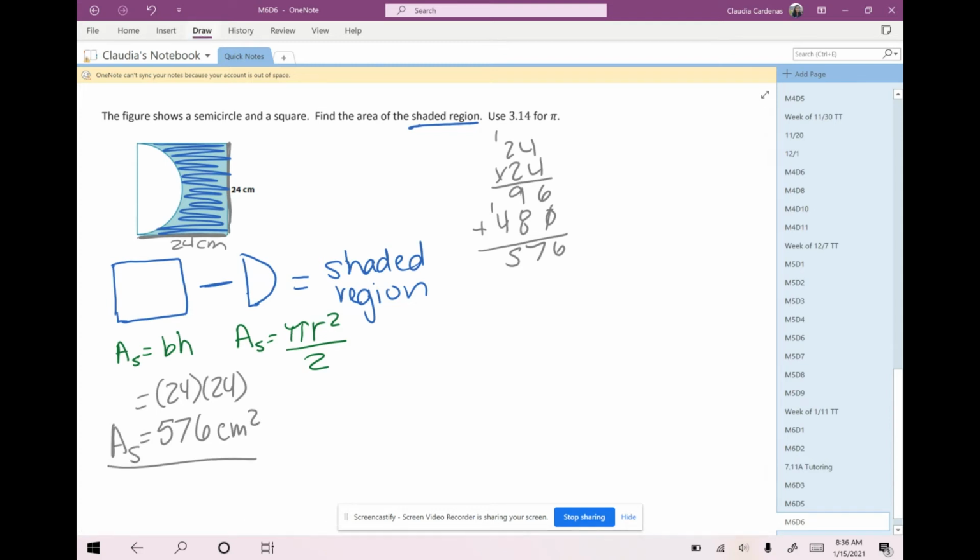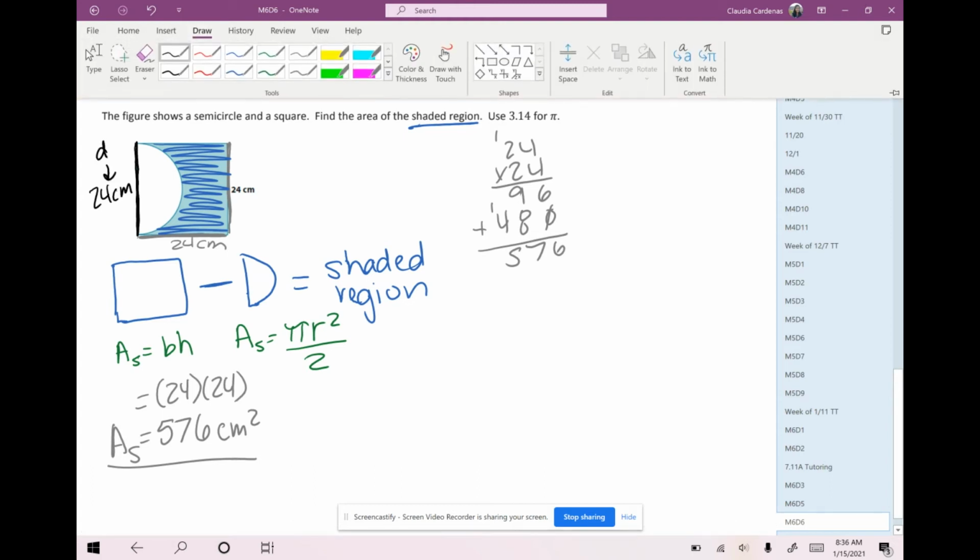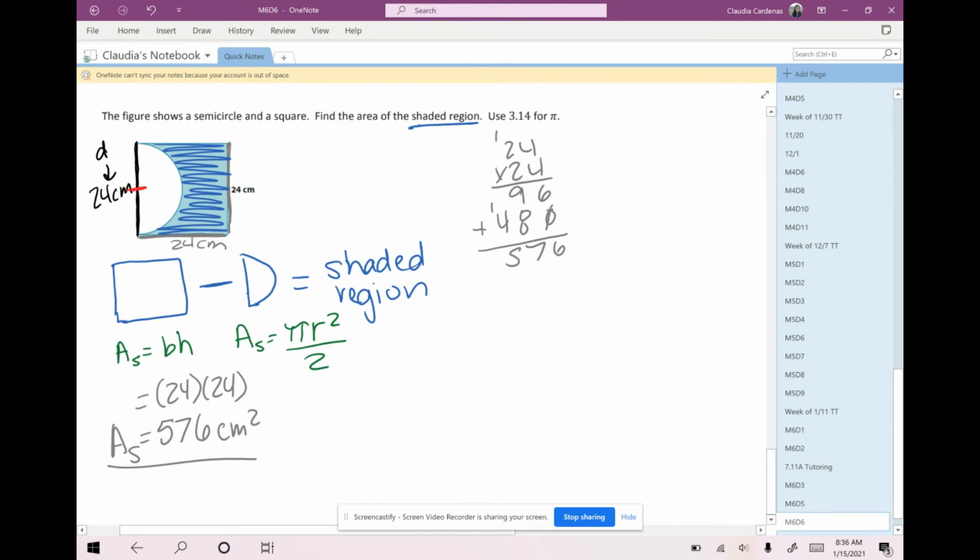And now we can move to the semicircle, which we need the radius for. So if we need the radius, I see that if this side on the bottom is 24 centimeters, then this side also has to be 24 centimeters. But again, if it's cutting this semicircle in half, then this is the diameter where we only want half of it, right? So what would we have to do with the diameter to find the radius?